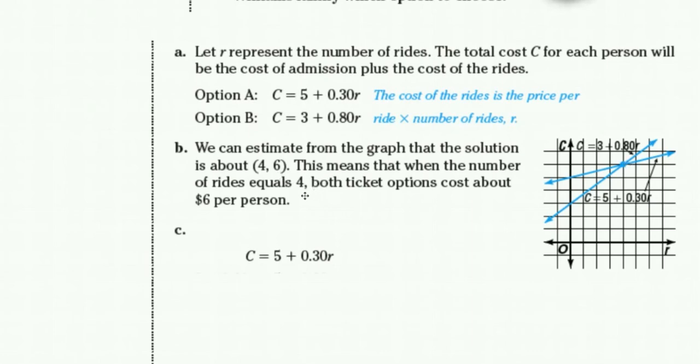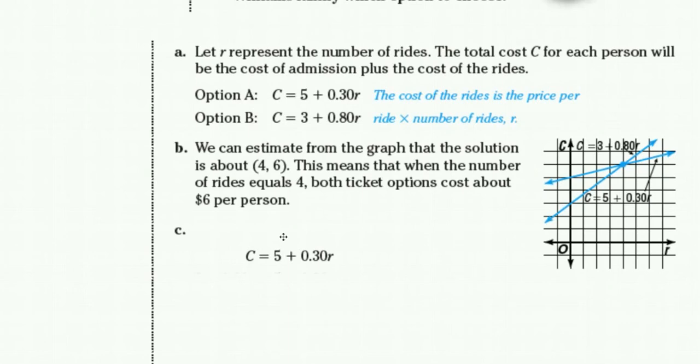This means that when the number of rides equals 4, both ticket options cost about $6 per person. So the intersection of those two lines means that when the number of rides equals 4, both ticket options cost about $6 per person, and that's what the ordered pair 4, 6 means.